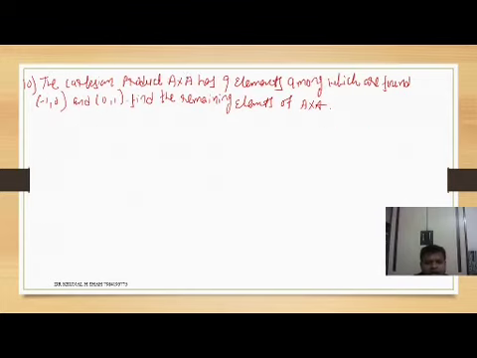The Cartesian product A cross A has 9 elements, among which are found to be (-1, 0) and (0, 1). Find the remaining elements of A cross A. A cross A के बाकी के elements find करने हैं. So first of all, some of the elements of A cross A are (-1, 0) and (0, 1).